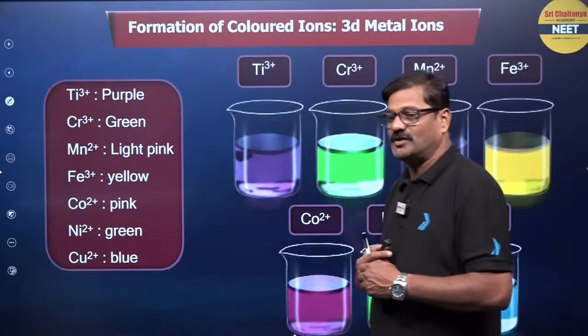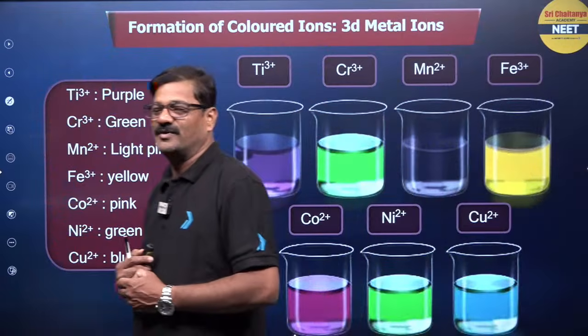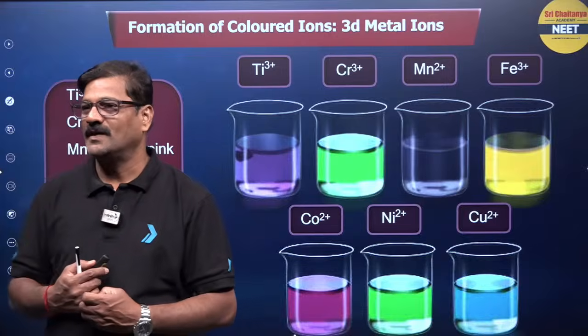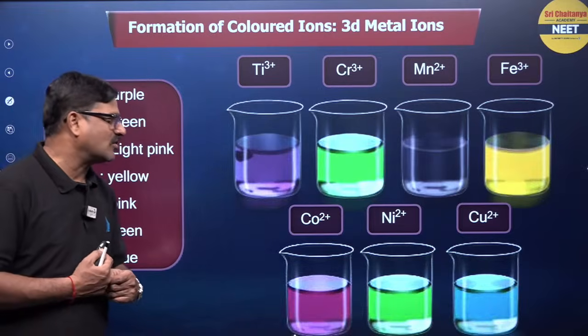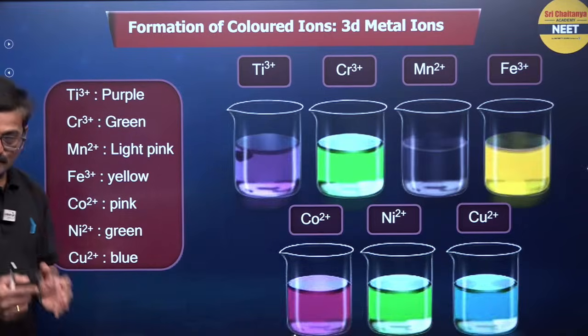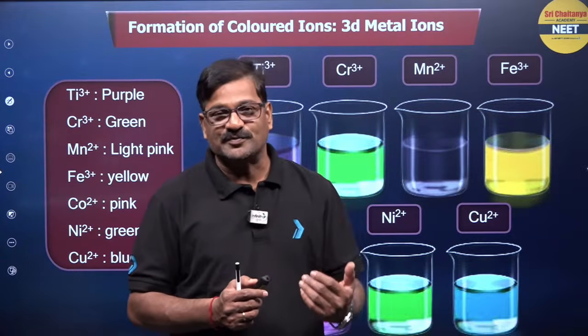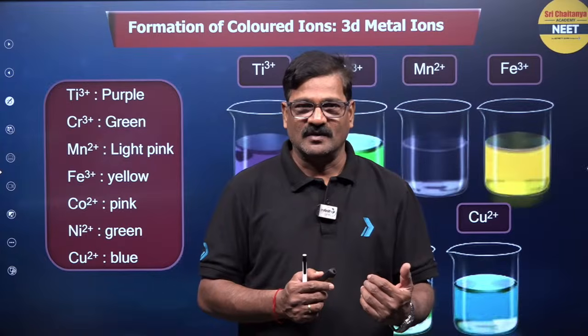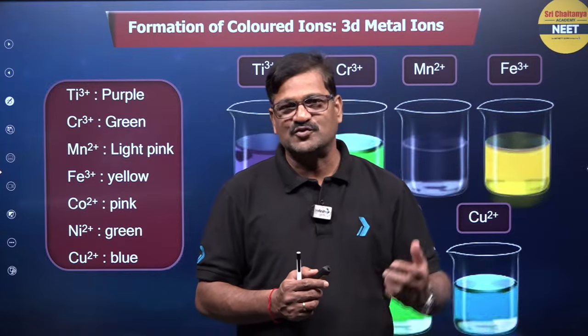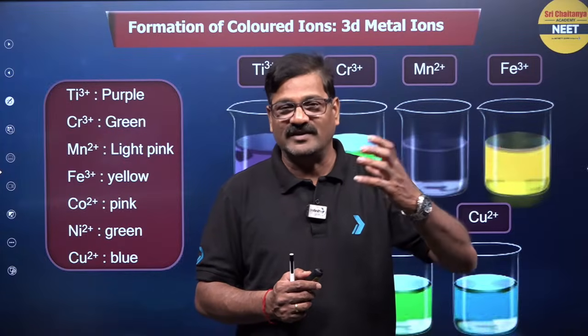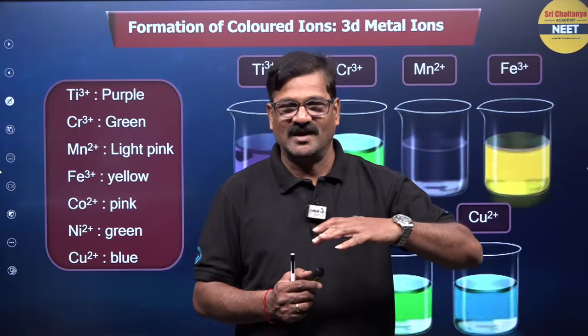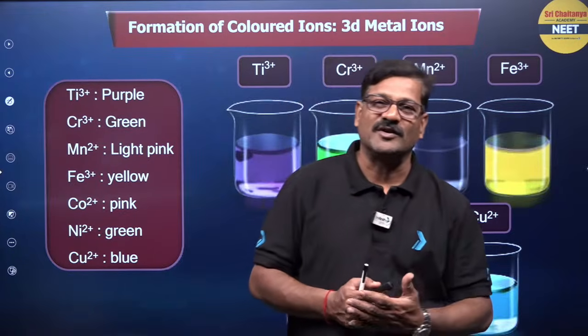Now, the formation of colored compounds. Transition elements show colored compounds due to unpaired electrons present in the d orbital. The compounds absorb some wavelength in the visible light and its complementary color is transmitted.